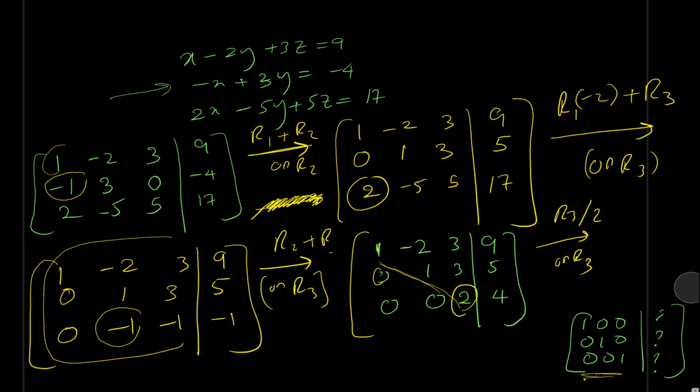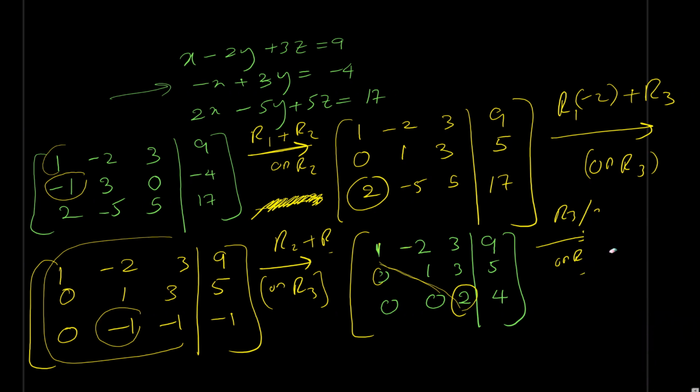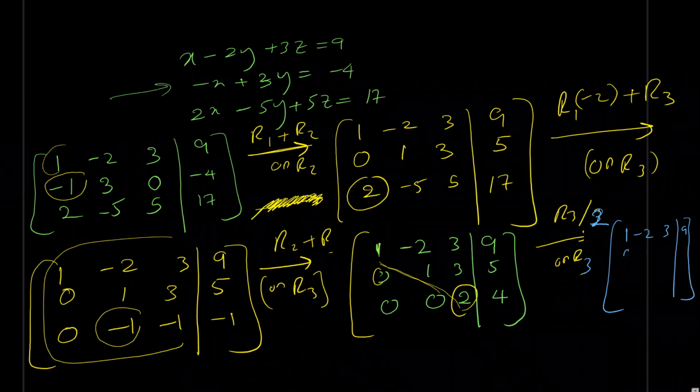Let me erase this for the time being. So R3 by 2 on R3. So 1, negative 2, 3 and 9. 0, 1, 3 and 5. 0, 0, 1, 2, right?